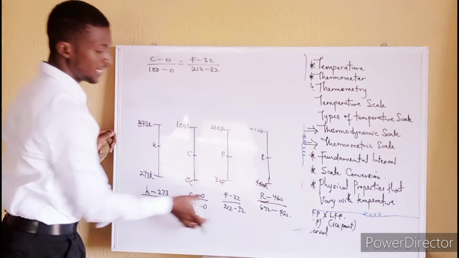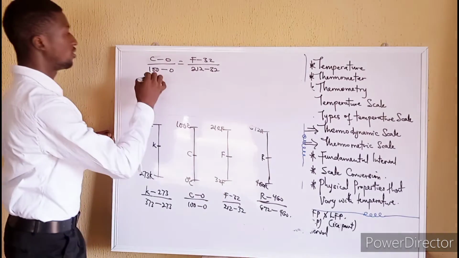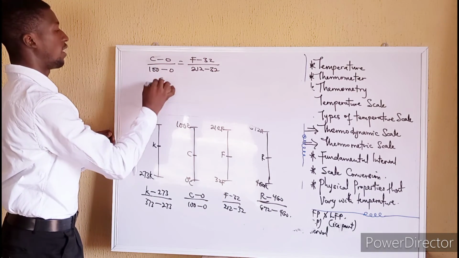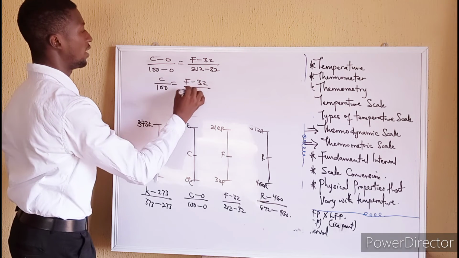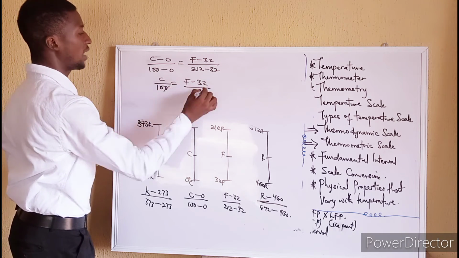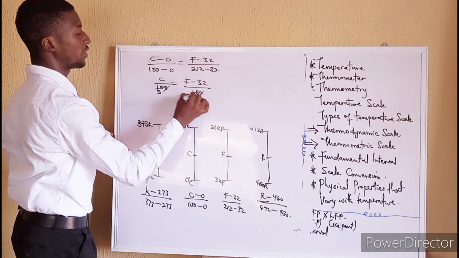So here I'm taking the combination of these two because I'm converting from degrees Celsius to Fahrenheit. So here I can have C over 100 is equal to F minus 32 over 180. This will cancel this. 2 here will give us 5 and 2 here will give us 9.